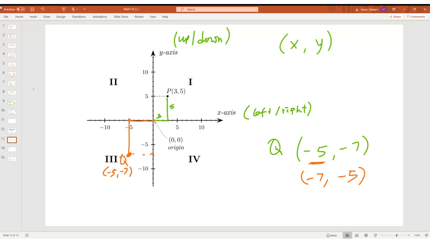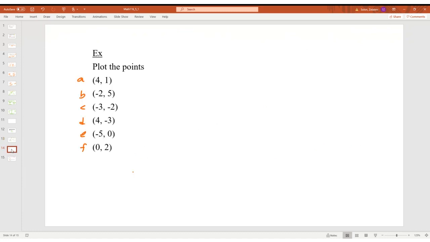Now, I want you to copy all these 1, 2, 3, 4, 5, 6 points, and we are going to practice how to locate them in the coordinate plane. Okay, everyone copy the questions. Very good. Someone said it's in quadrant 3. Yeah, that's normal.